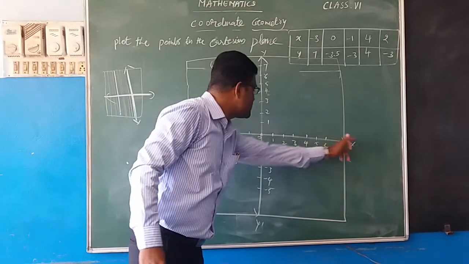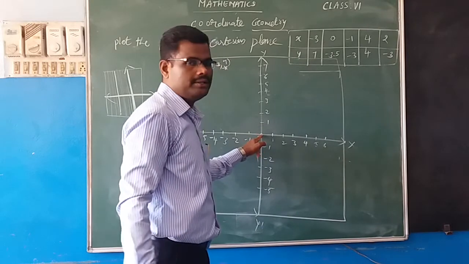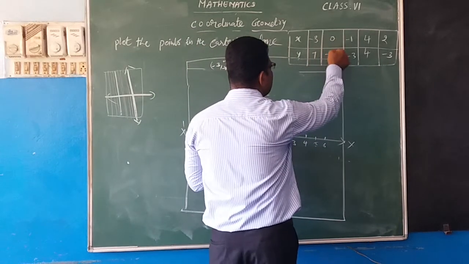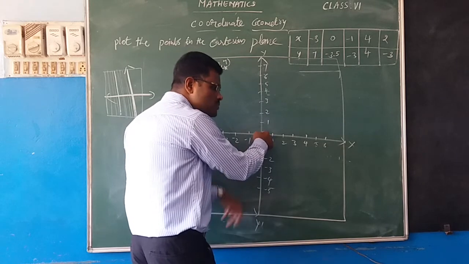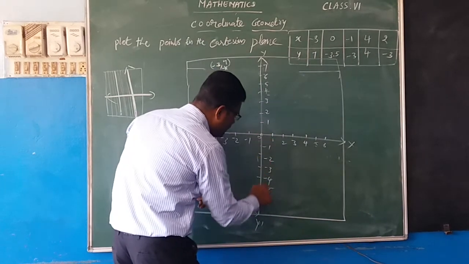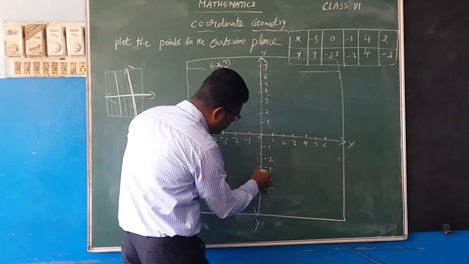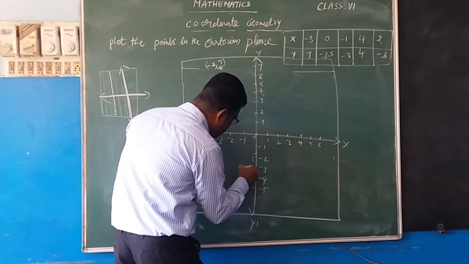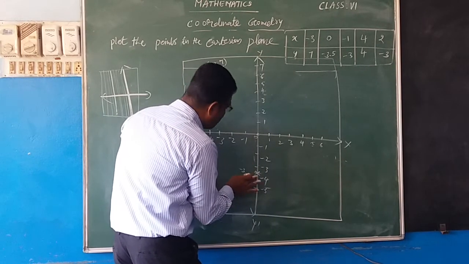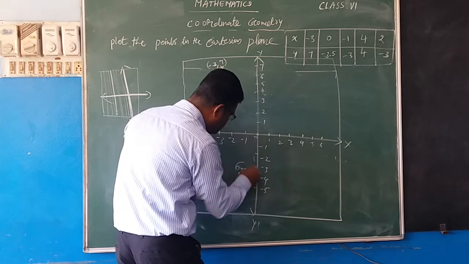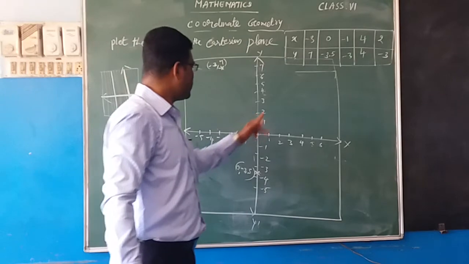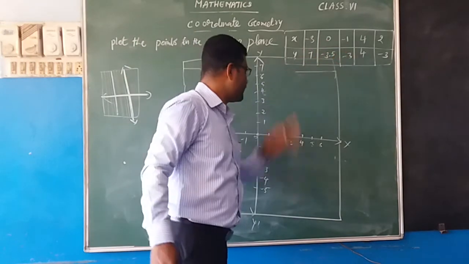Second point, x-axis 0, y-axis -3.5. From 0 we need to go downwards because the sign is minus. -3.5 means it lies between 3 and 4. This is 0, -3.5. Clear?